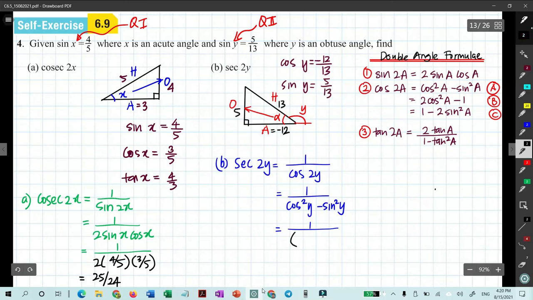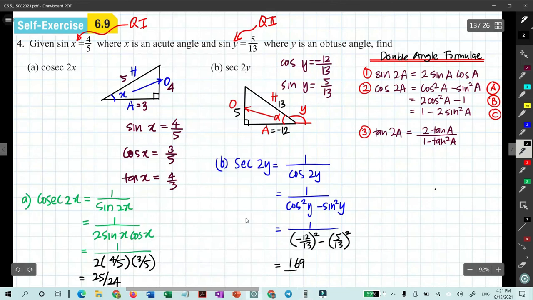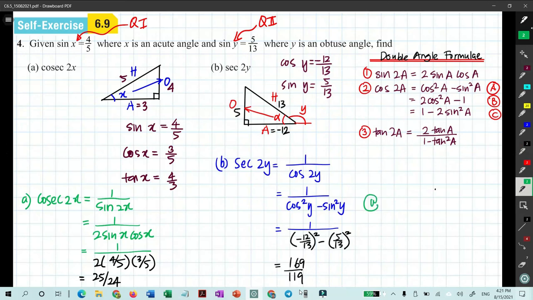So I substitute negative 12 over 13 squared, and sine y squared is 5 over 13 squared, and the value can be calculated using the calculator. And the final answer is 169 over 119.